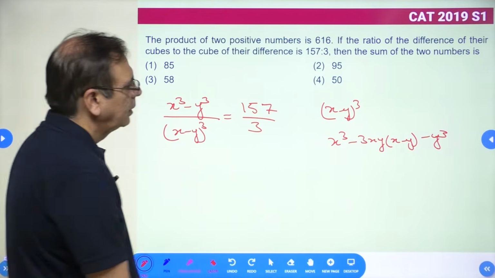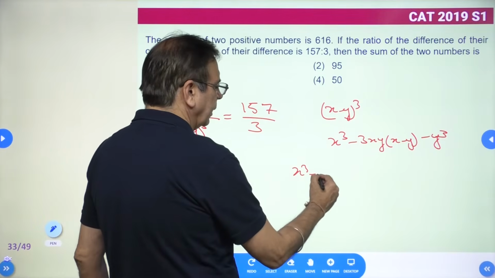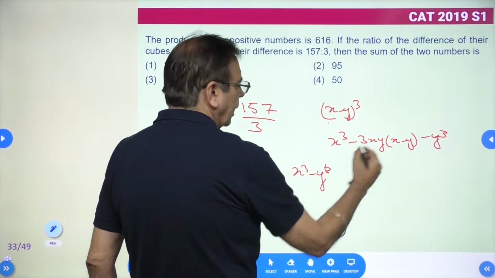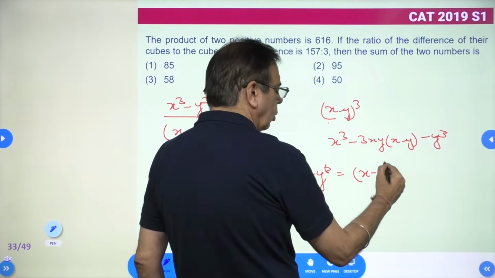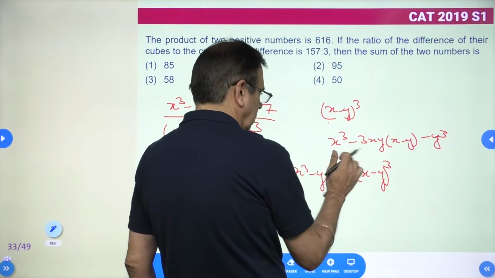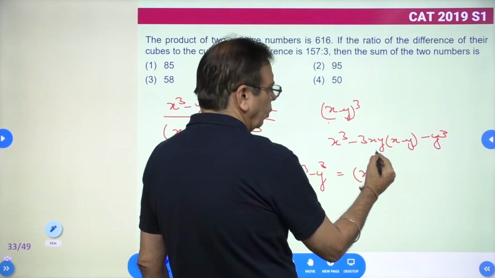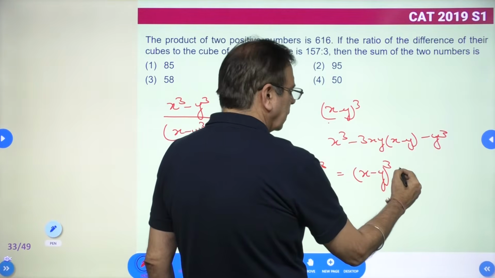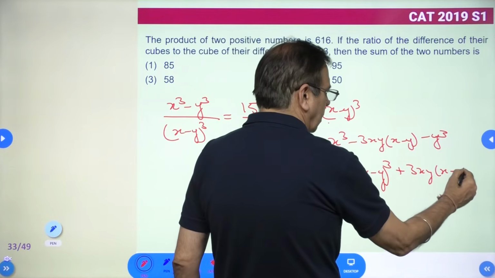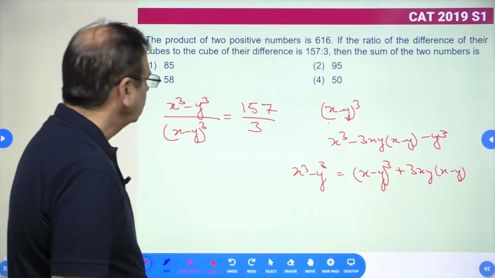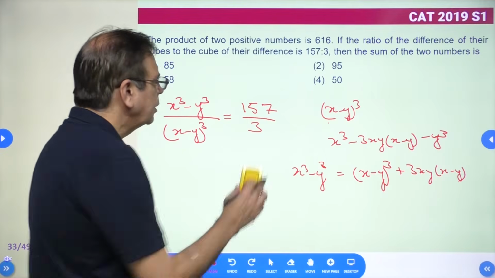So x cube minus y cube should be equal to x minus y whole cube, and taking this to the other side, plus 3xy into x minus y. So I can substitute this out here.